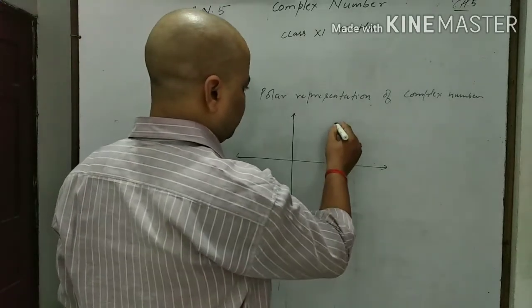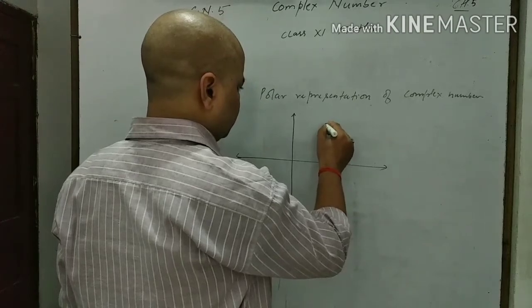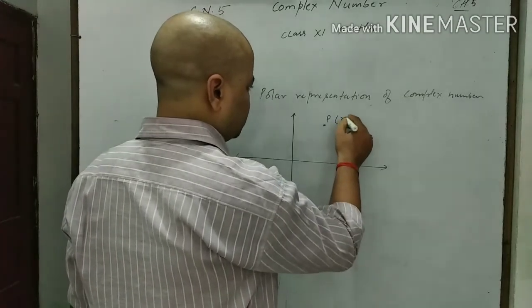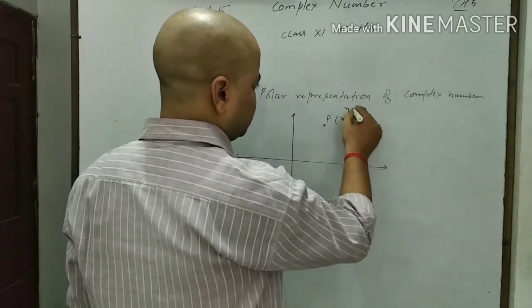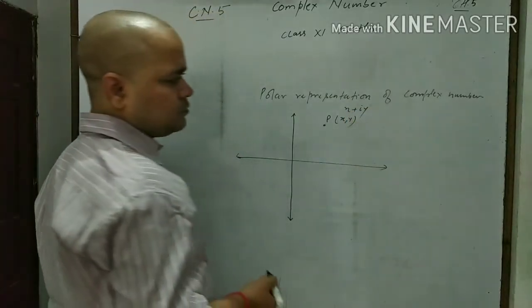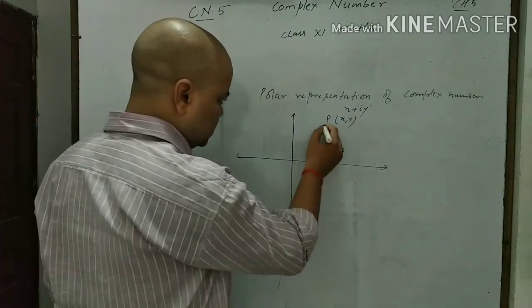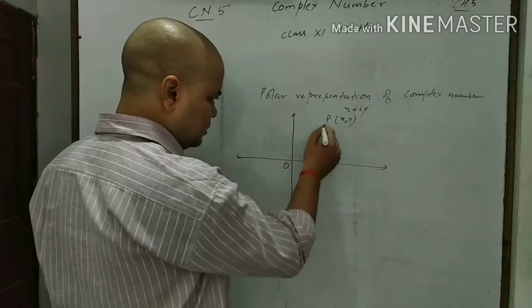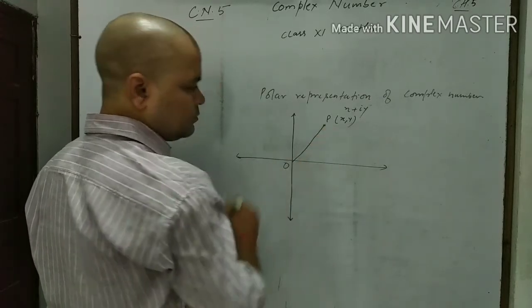If we have any point P, which is (x, y), then it will represent x plus iy. Now let this be the origin, and join it.